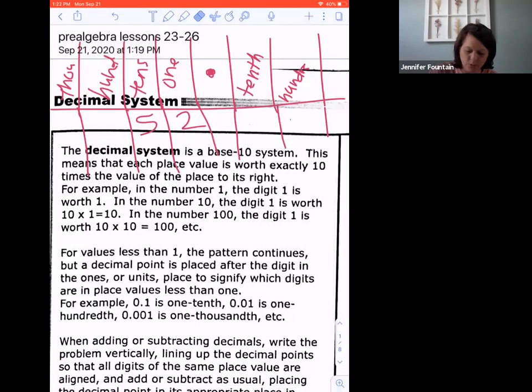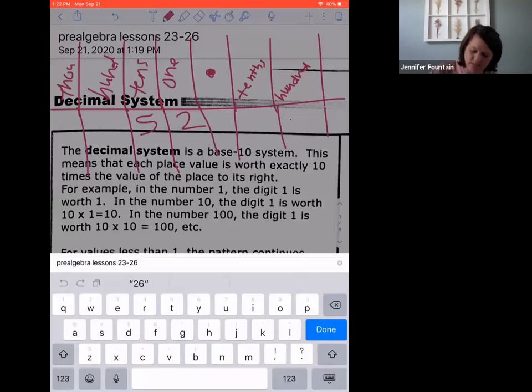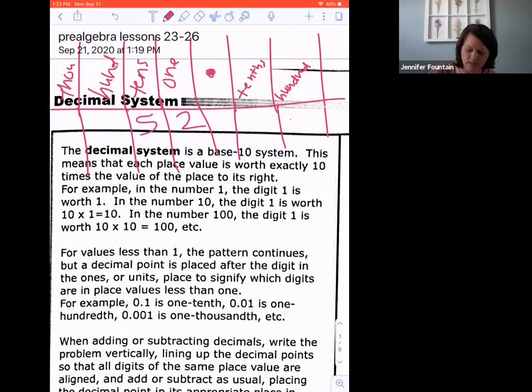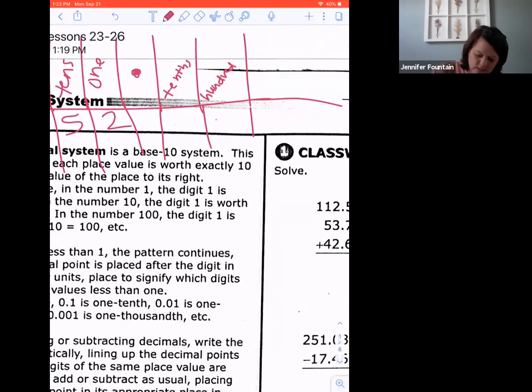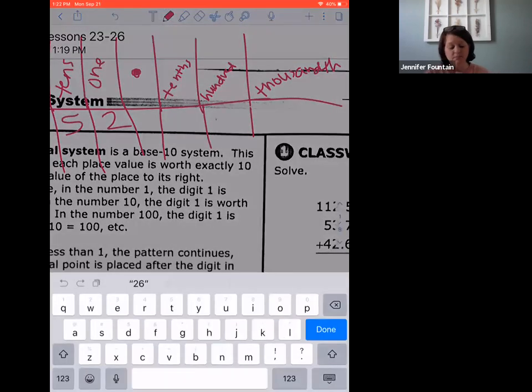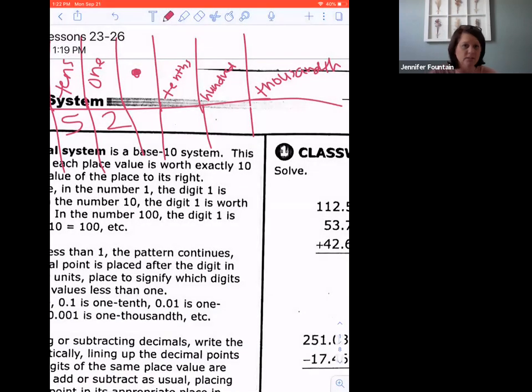Let me write them smaller so they'll fit. And we could keep on going to 10 thousandths, 100 thousandths, whatever.